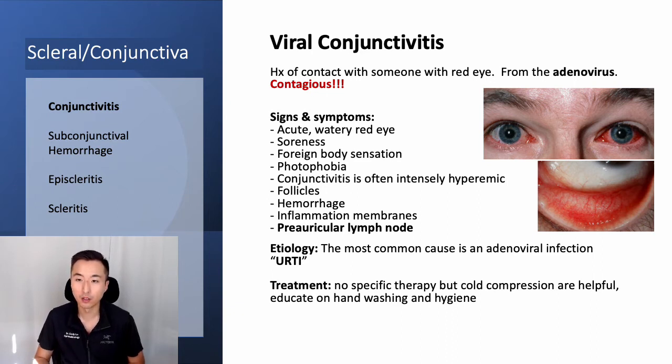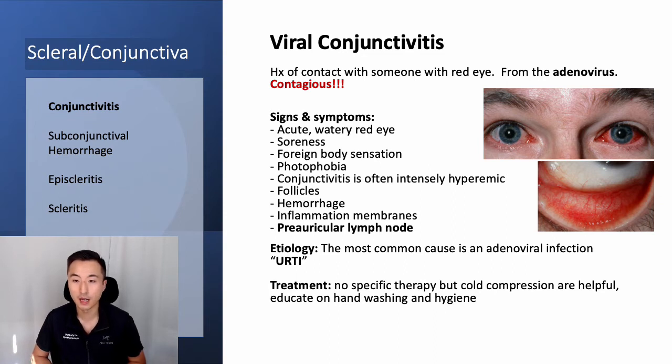A really helpful exam thing that I would do on anyone that has conjunctivitis is feeling for a preauricular node, so a node right here in front of the ear. Oftentimes, the lymphatic drainage from your eye goes to that lymph node. And so with any patient with a red eye, I would always document whether they have a preauricular node, because that can provide good evidence about whether you think this red eye could be conjunctivitis versus some other cause.